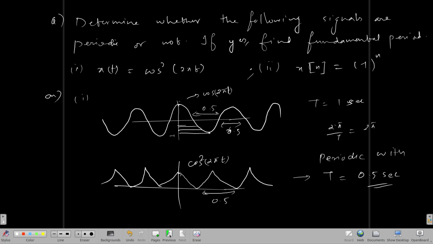So let's see the second question, which is a discrete one, that is x of n is equal to minus 1 to the power of n. Let's just start drawing. Minus 1 to the power of 0 is 1.